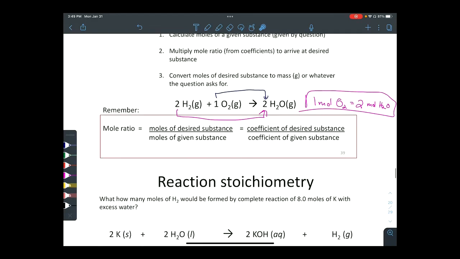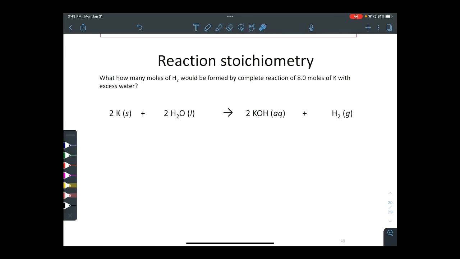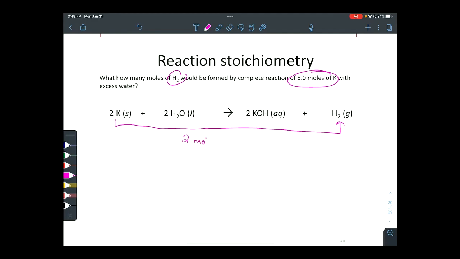Let's try this out. How many moles of H2 would be formed from the complete reaction of 8 moles of potassium in excess water? We're going from potassium to hydrogen, so let's write an equality that relates those two: 2 moles of potassium equals 1 mole of hydrogen.